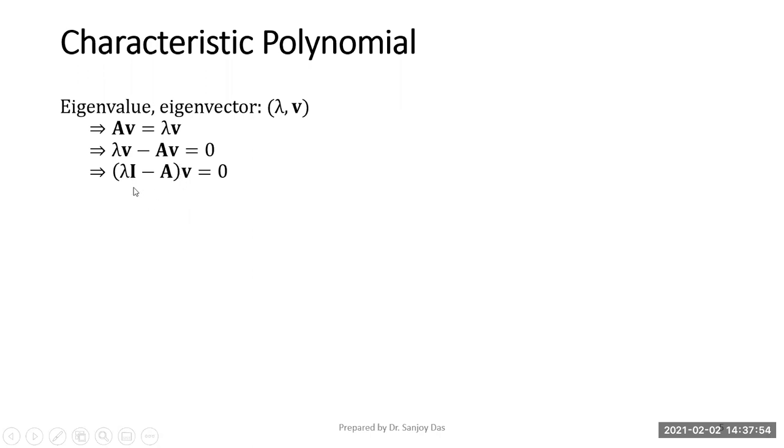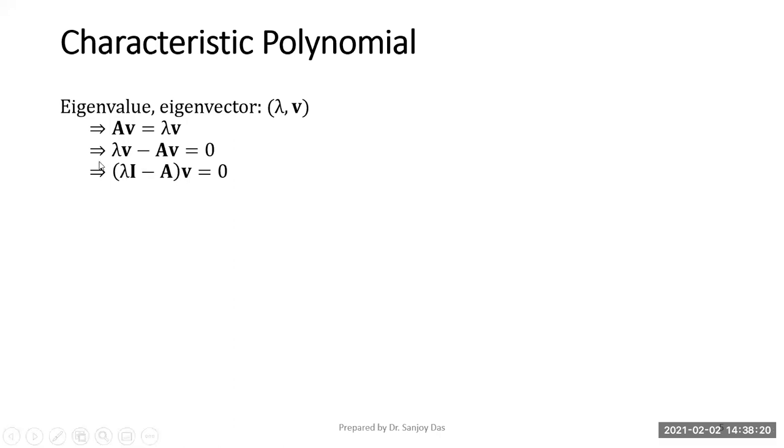Now, lambda I minus A is a matrix, and V is a non-zero vector, correct? So if you are multiplying a matrix with a non-zero vector, then what can you say? This matrix must be singular, right?